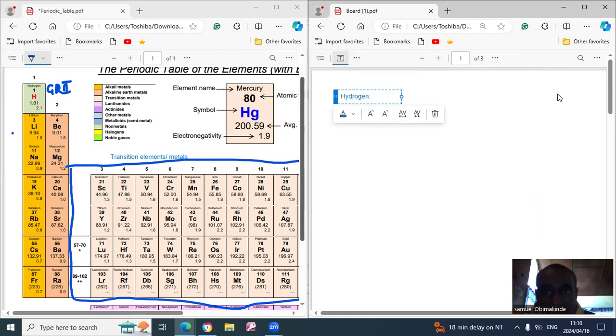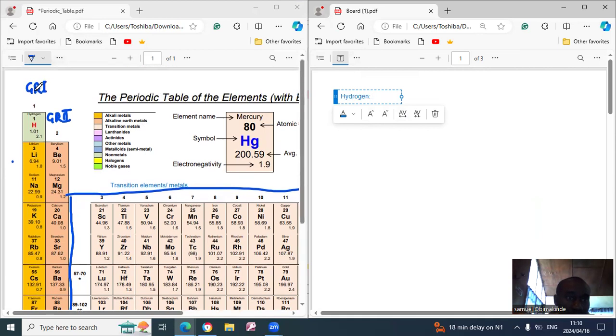Now, this element, hydrogen, is in group 1 of the periodic table, right? This group, this vertical block of elements. So that is group 1. Now, the atomic symbol, okay, I think before we go to the group, let's write the atomic symbol. The atomic symbol will be H, right?